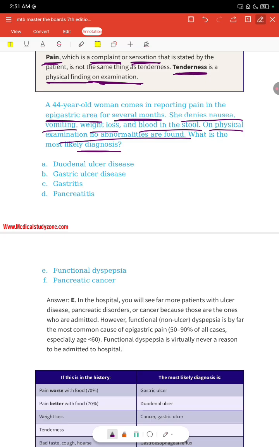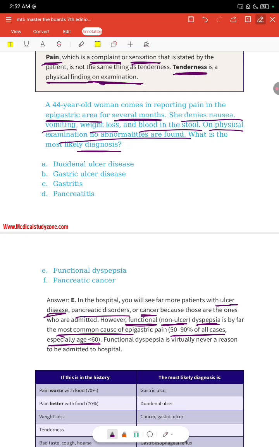In the hospital, you will see far more patients with ulcer disease, pancreatic disorders, or cancer, because those are the ones who are admitted. However, functional dyspepsia, that is non-ulcer dyspepsia, is by far the most common cause of epigastric pain. 50 to 90% of all cases, especially age less than 60, with the problem of epigastric pain are due to functional dyspepsia, that is non-ulcer dyspepsia.